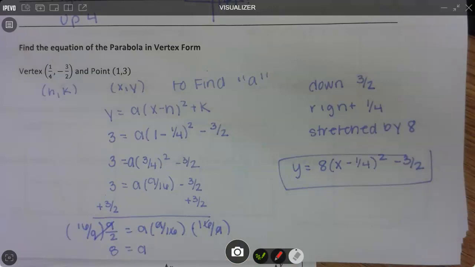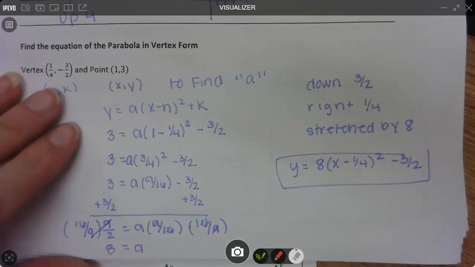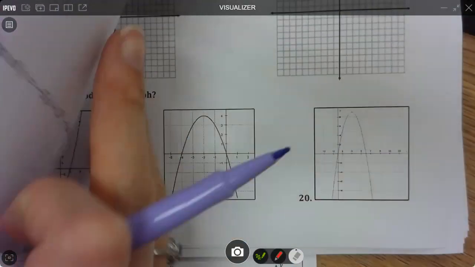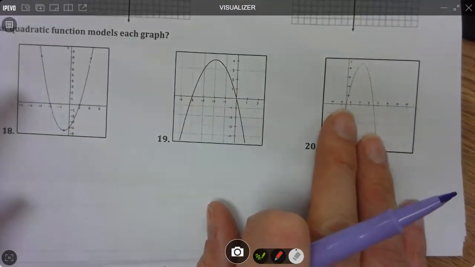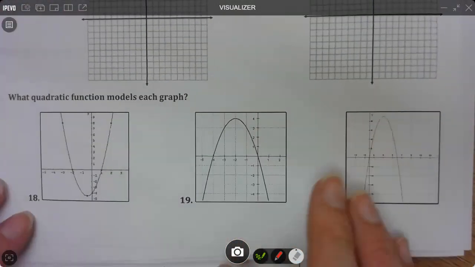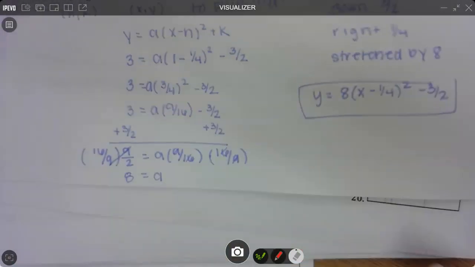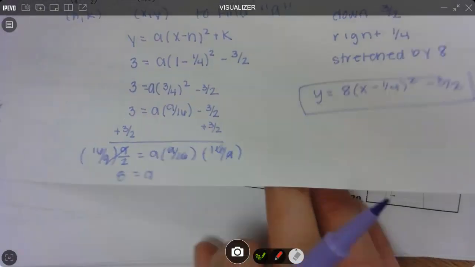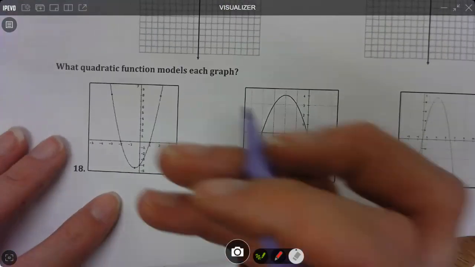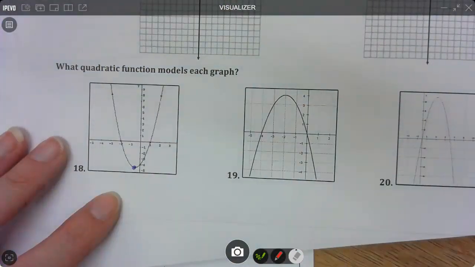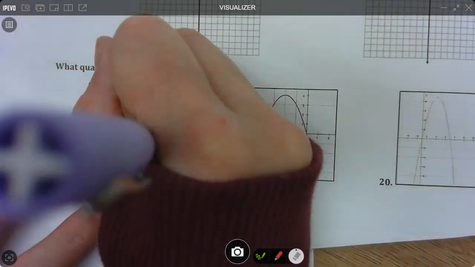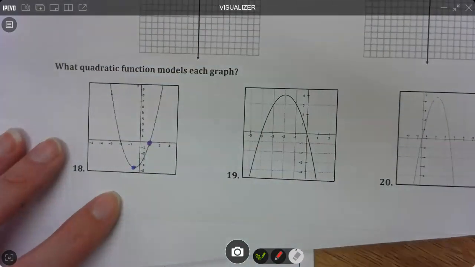So that pretty much summarizes everything we know about graphing a quadratic with vertex form, writing its equations, etc. So that's what I want you to review. For the last 3 problems, they probably need to go on the back page. What you need to do is look at these graphs and treat them like these problems here, where you want to identify your vertex and identify a point and then find a.